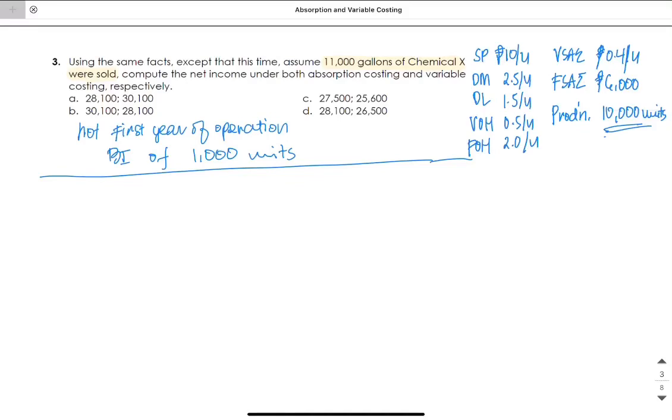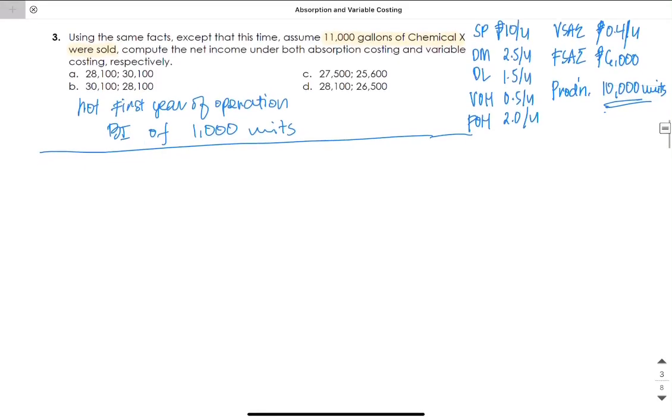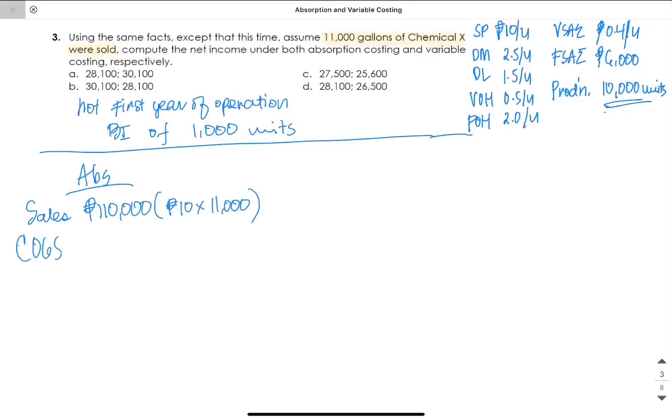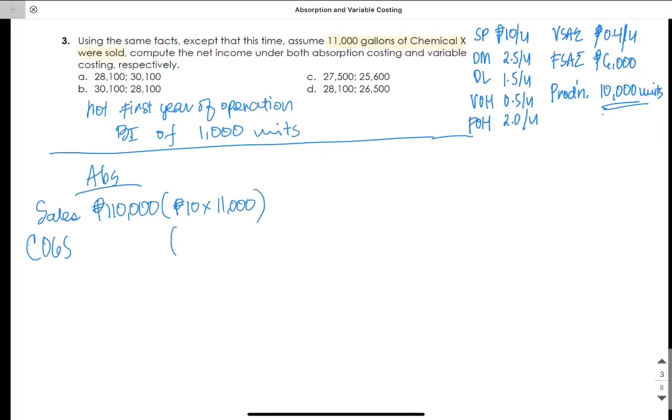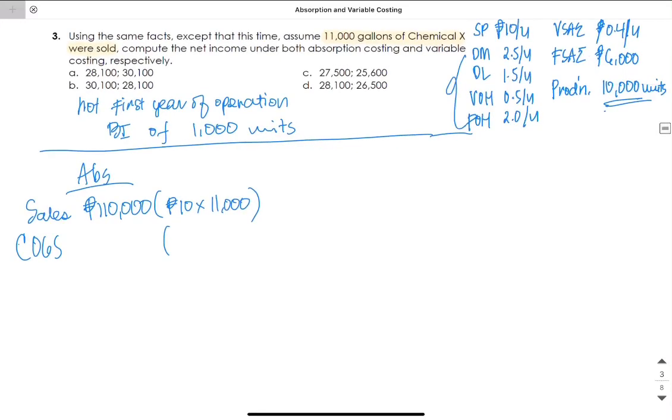So how do we solve this one? Again, let's do absorption costing first. Sales is 10 times the number of units sold, so 11,000 units, probably 110,000. Next, deduct cost of goods sold. Again, these 4 components, 6.5 times 11,000.